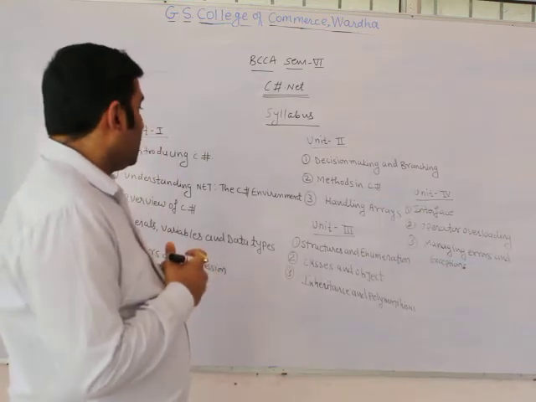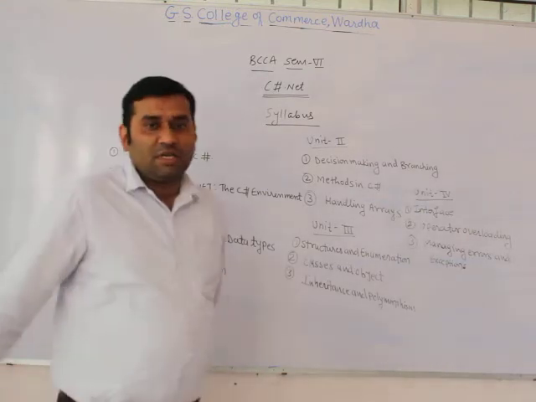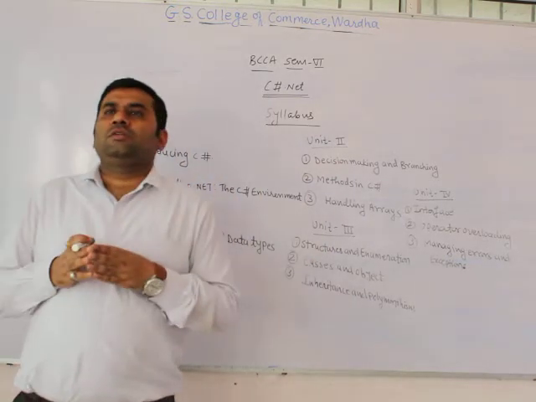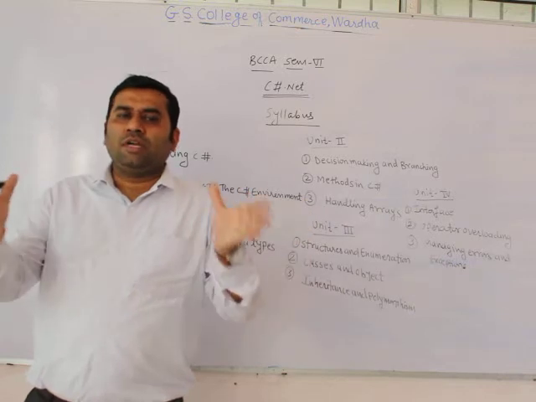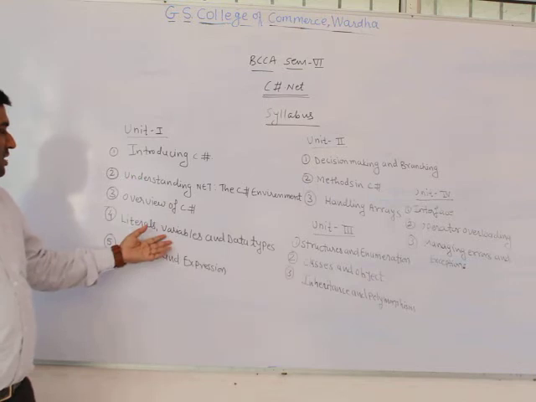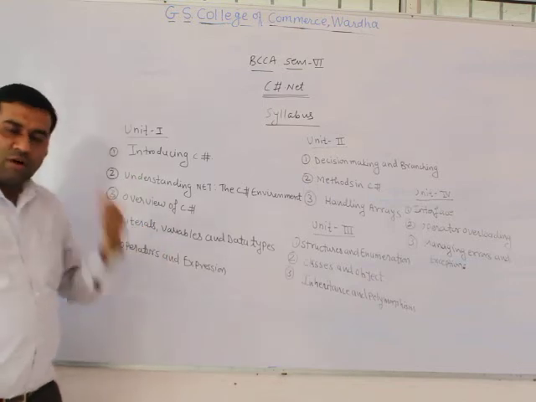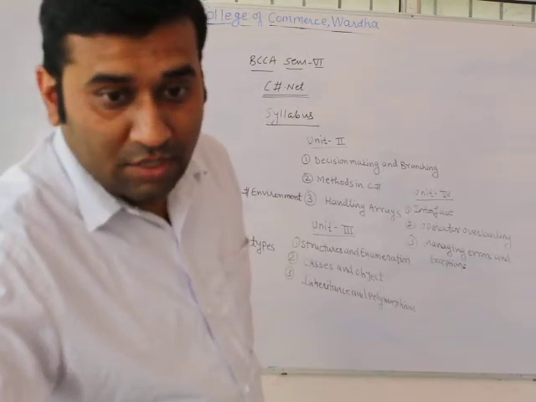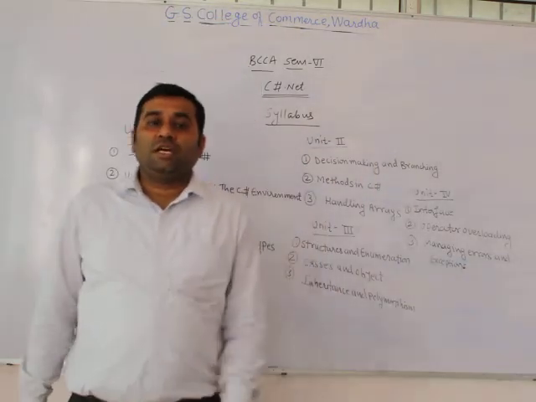These are also used in C#.NET. This is the first unit. The first unit is totally an introductory unit: what C#.NET is, understanding .NET, overview of C#, and the variables, operators and expressions.